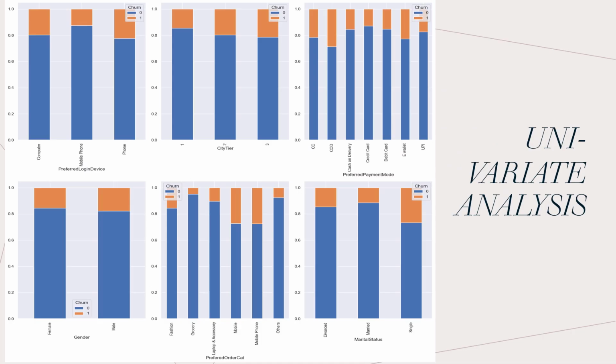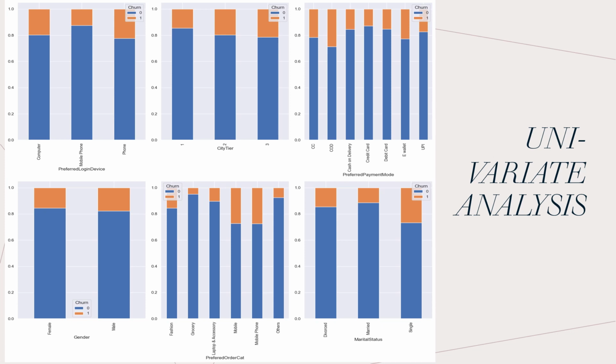If you look at the univariate analysis here, these are the categorical variables we took. In the preferred order category, the churn rate is high for the mobile phone category compared to grocery. People do grocery shopping a lot, so there is little chance they reduce their online shopping on groceries.